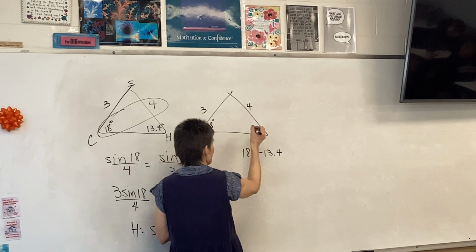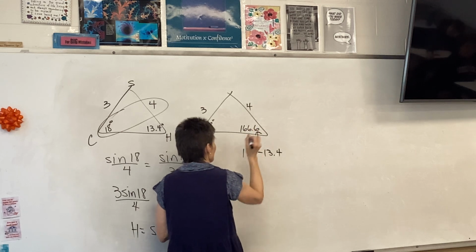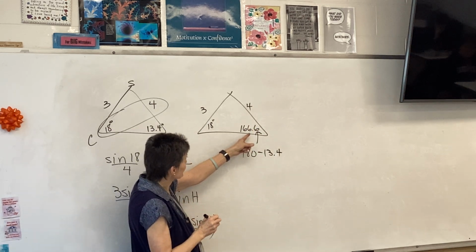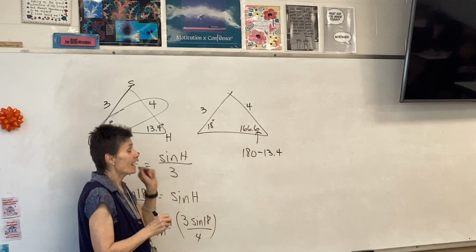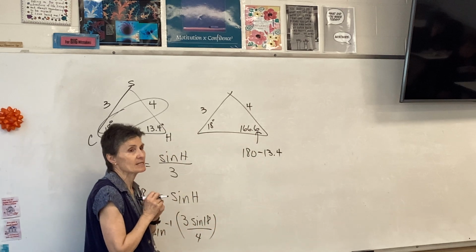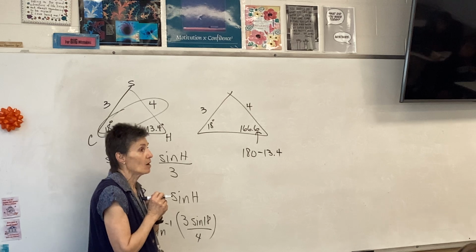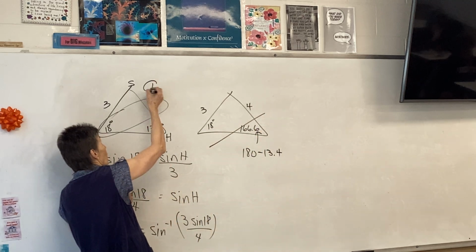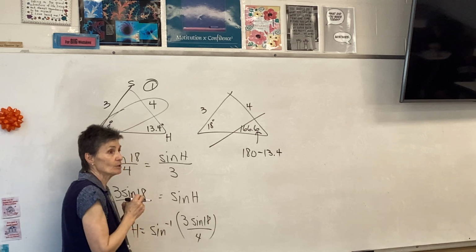What is that, 166.6? Can you have a 166.6 and an 18 in the same triangle? No. So therefore, there is only one possible triangle.